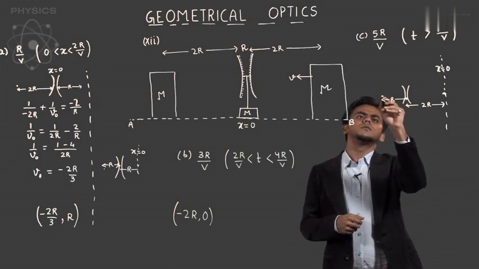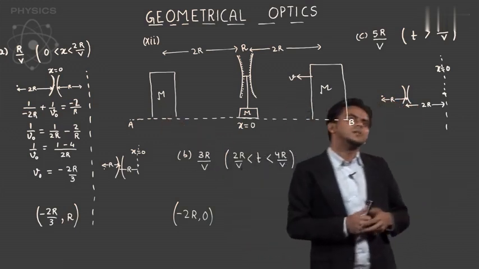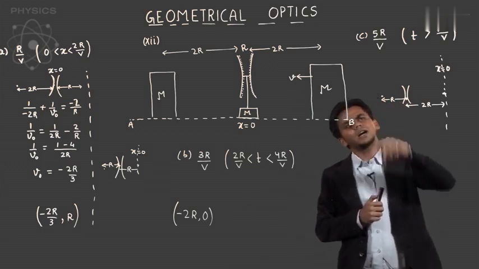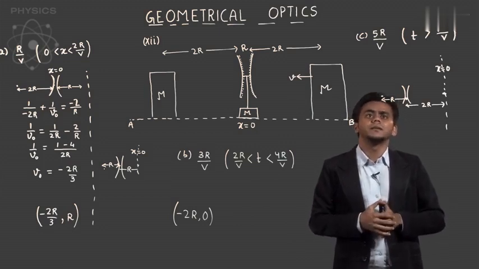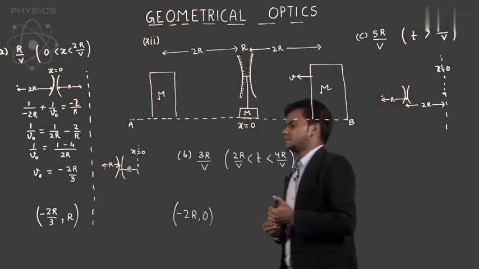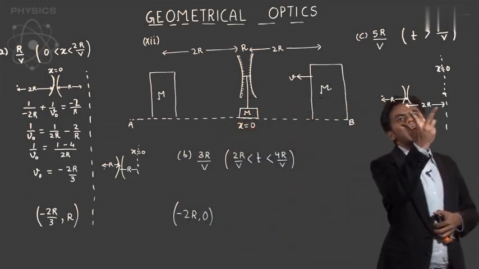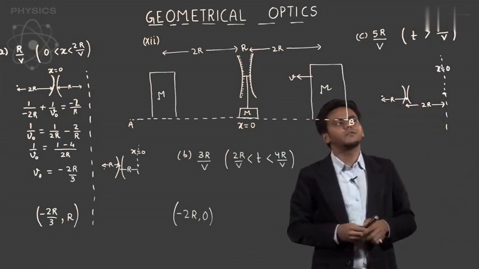So this is the location of this object. If this is r away from the mirror, the image would be formed on the object itself, right? But what will happen to the other case? This is 2r away, right? So I'll have to use the mirror formula again.